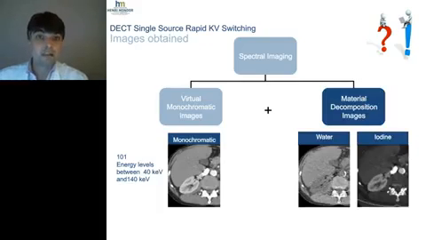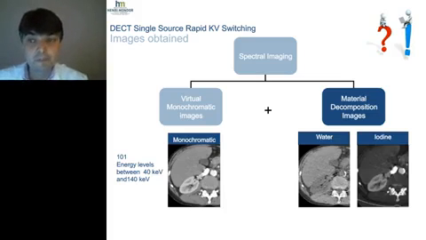So now to move on to clinical practice, now that we've understood the physical principles of this system, you make a spectral imaging acquisition, and then you can reconstruct from that single acquisition different sets of images. The first one is, of course, the virtual monochromatic images based on all energy levels from 40 keV to 140 keV. And the lower you go in the keV, the higher the contrast you will have between the regions with iodine enhancement and those without.